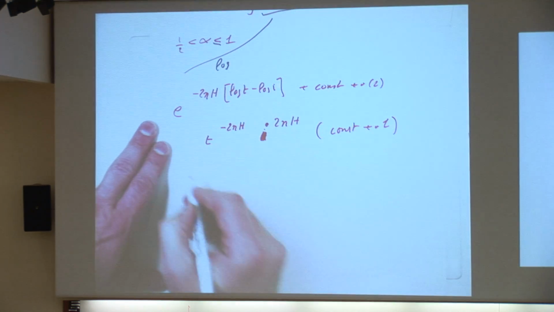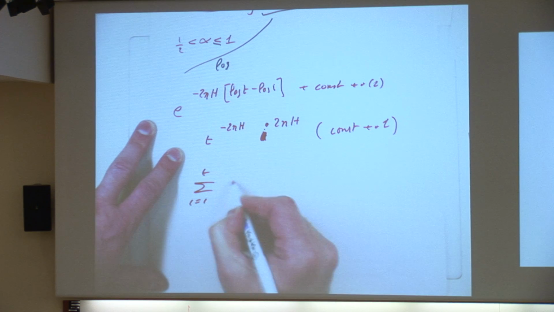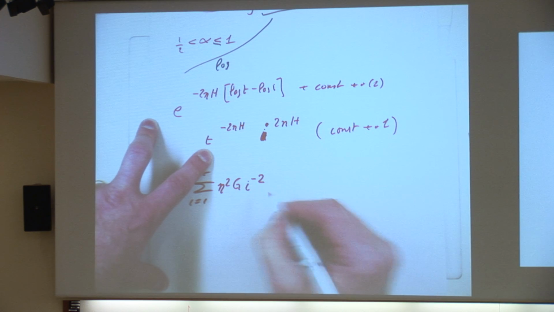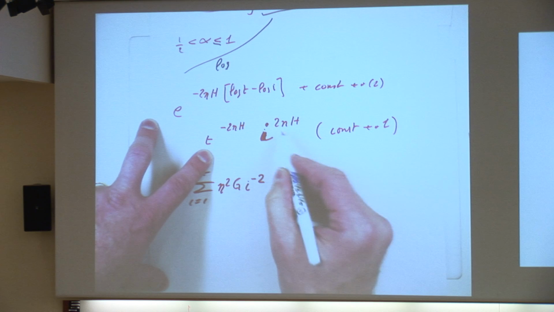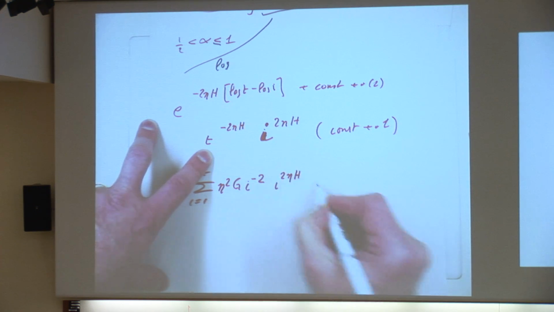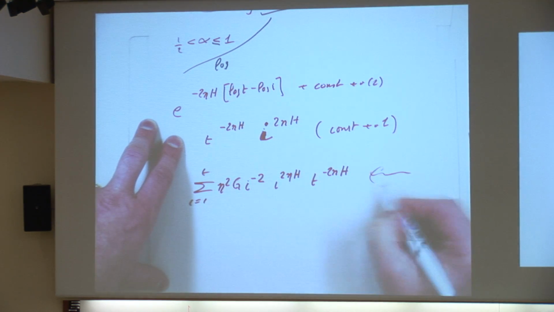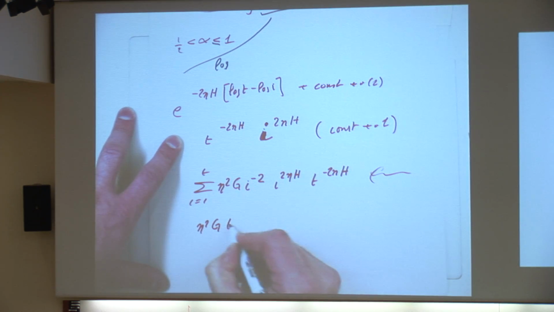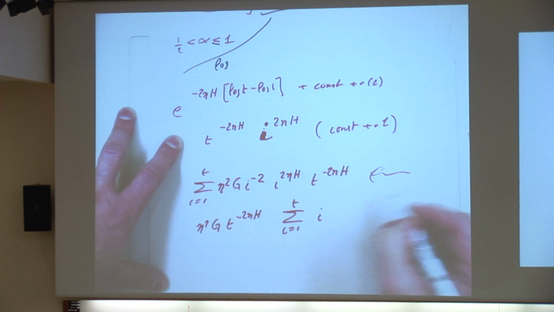I multiply it by this sum, by this stuff here. So now I have the sum of i equal 1 to t of eta squared g i^(-2) times i to the 2 eta h t minus 2 eta h times constant plus 1. So I can simplify to eta squared g t minus 2 eta h, sum of i equal 1 to t of i.